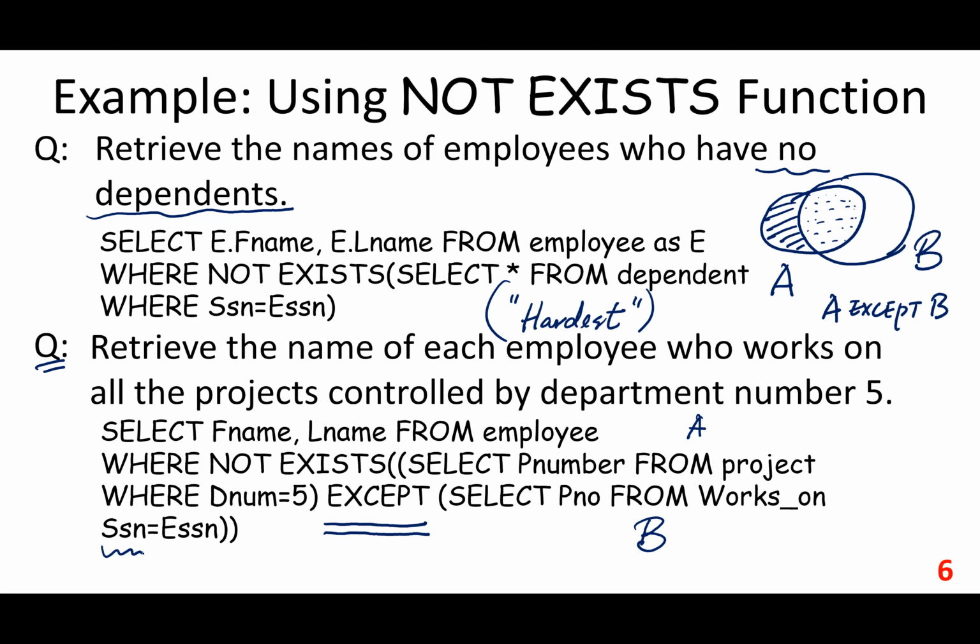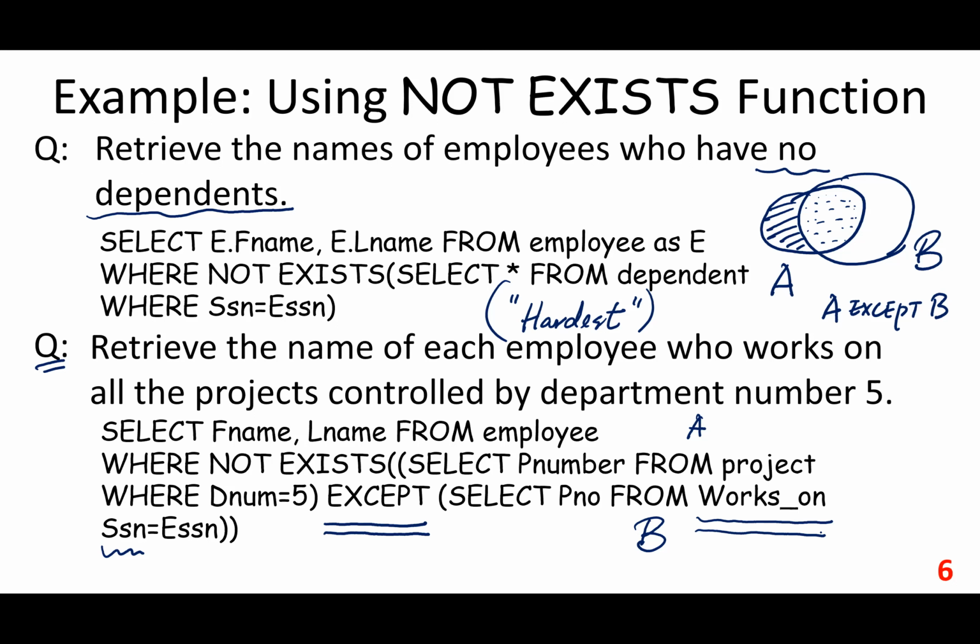After we fix its SSN, we look at the works on table, because this table gives us all the project information for individual employees. Because SSN is given, we can find all the projects worked by the current employee. That's the B set.